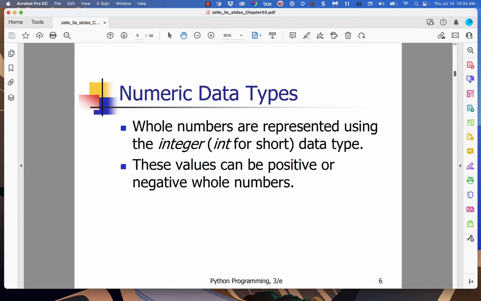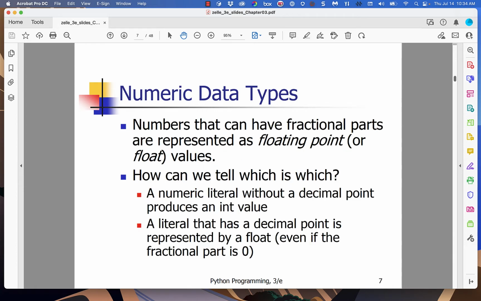These values can be positive, 0, or negative, whole numbers. Numbers that can have fractional parts, that can have a whole number part and a decimal fractional part, are represented as floating point, or as the type is called in Python, just float.